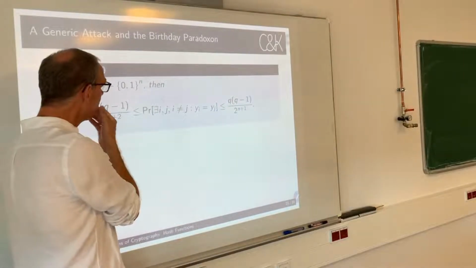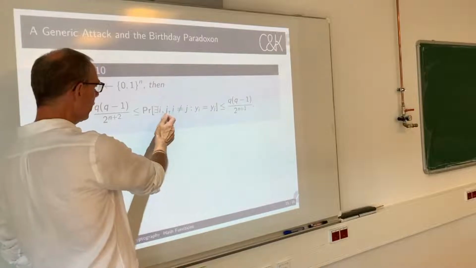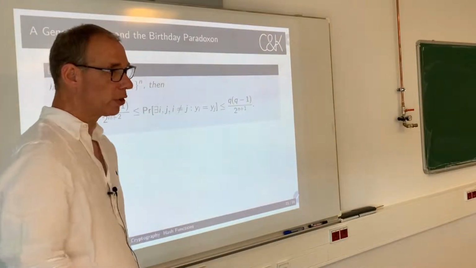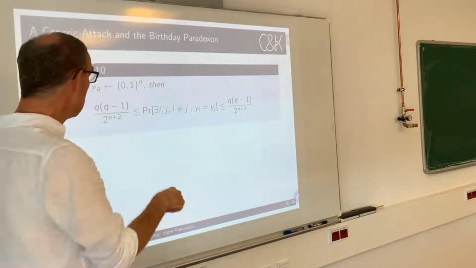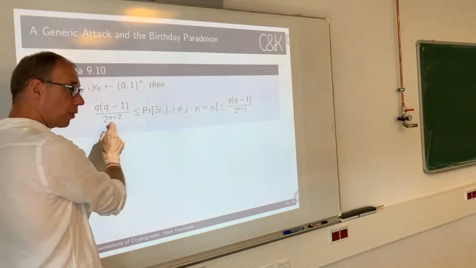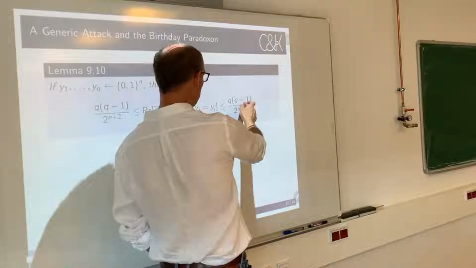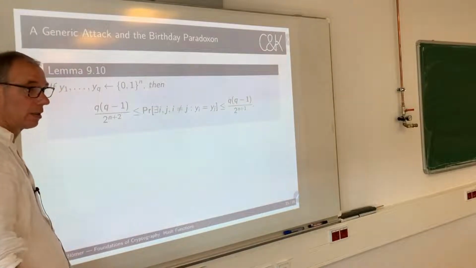Then the probability that there exist indices i, j that are different, but where yi is equal to yj, that actually also applies obviously to our xi's, xj's, is at least q times (q minus 1) divided by 2^(n+2), and it's upper bounded by q times (q minus 1) divided by 2^(n+1).